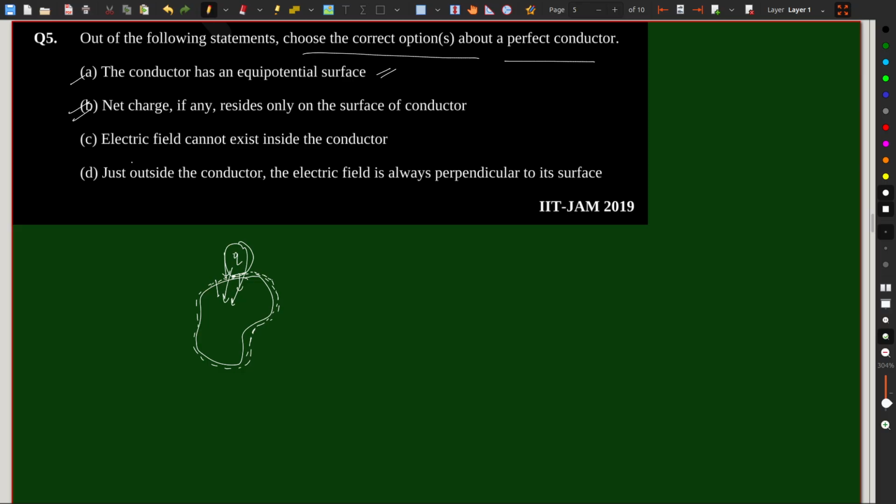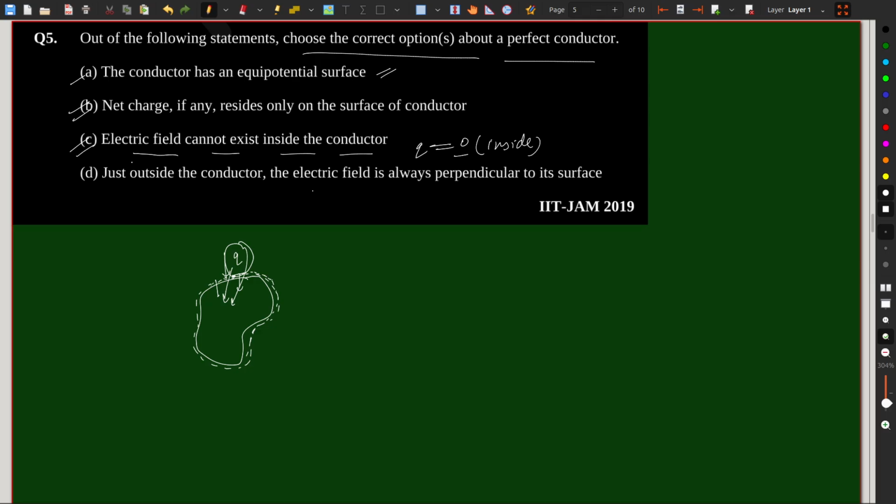So any charge will not exist in the body, and if there is no charge, the electric field also will not be there. Electric field cannot exist inside a conductor because there is no charge. Q is 0 inside, so that's why the electric field is also not there. So this is also correct.